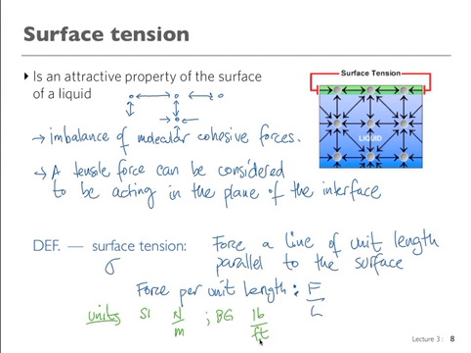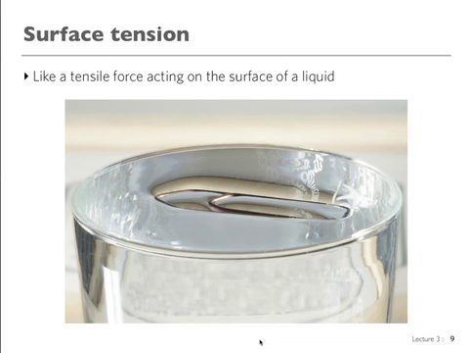So the trick is to remember that this is a force per unit length on a line that is parallel to the surface. So immediately let's do an example so that this becomes clear. Before my example, of course, I have a little picture for you to observe here. This is a very nice illustration of a floating paperclip.